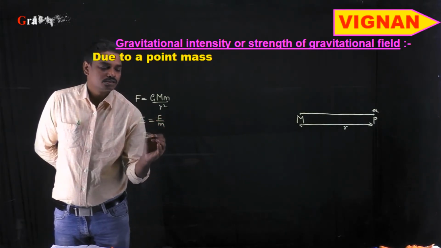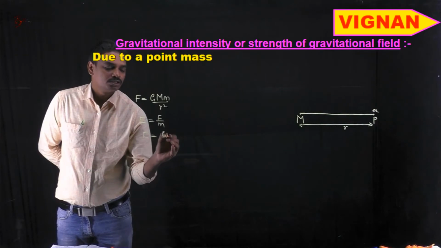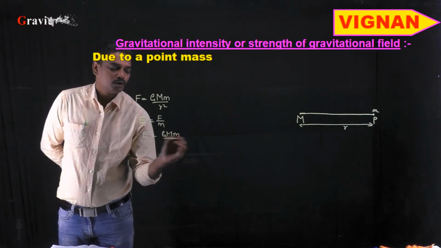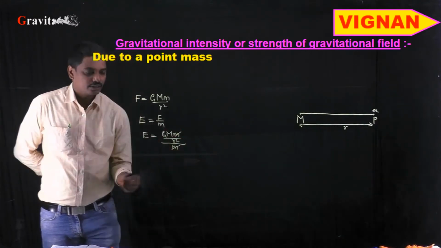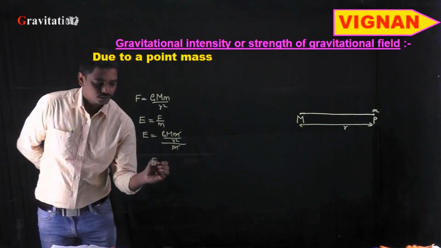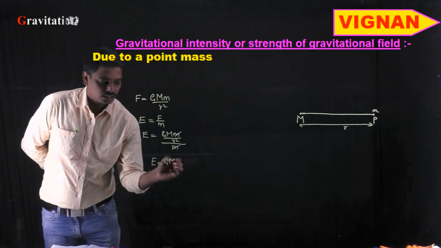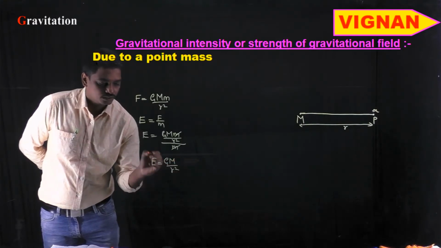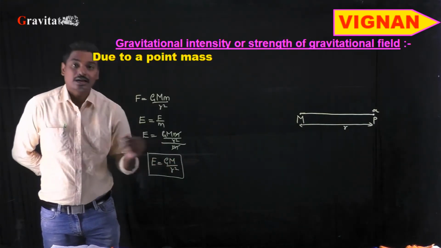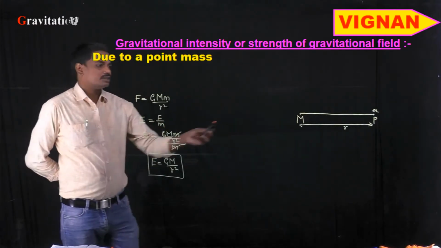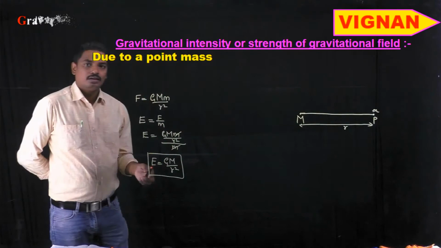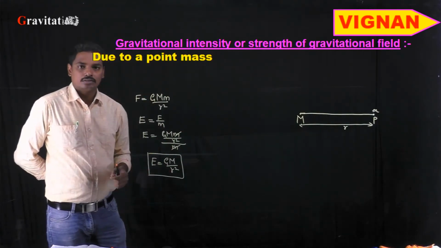So E is equal to F, which is G capital M small m by r square, divided by small m. Here m and m get cancelled. So E is equal to G capital M by r square, which is the gravitational field intensity due to a point mass whose mass is capital M at a distance of r.